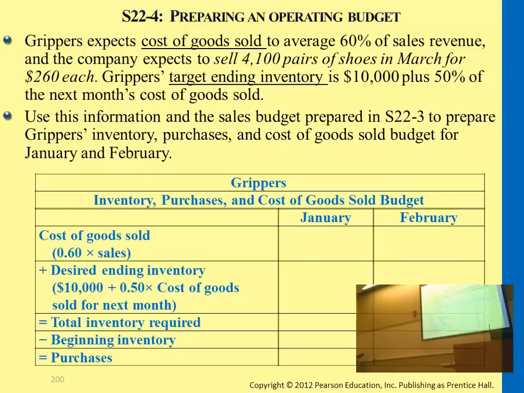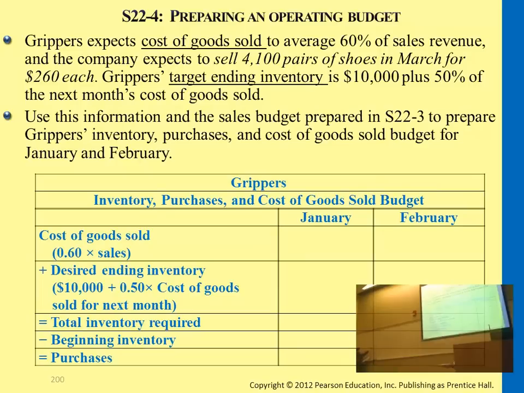For February, again, you need $10,000 at least, but you need to add March's budgeted cost of goods sold, right? So March's sales revenue, you can actually get from the additional information on top of the table given to you. It tells you that we're expecting to sell 4,100 pairs. Each pair is sold at $260. So this is the budgeted sales revenue for March that you can get from the previous lines on top of the table. Once you have the sales revenue, the same policy applies to March. 60% of sales is cost of goods sold, so you multiply by 60% to get March's cost of goods sold first.